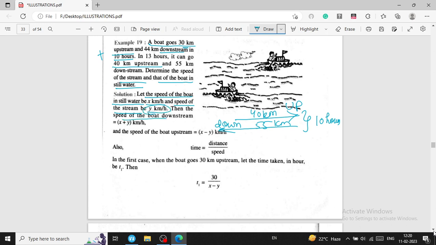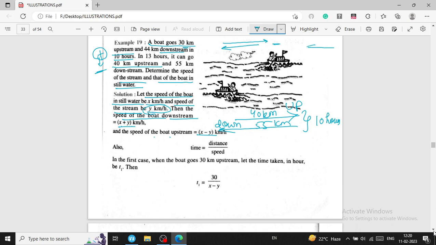Then the speed of the boat downstream is x plus y, and the speed of the boat upstream is x minus y. Here I have written plus and minus, but here we will take it in reverse. Upstream means the water is going in this way and the boat is going in this way, so we take minus.